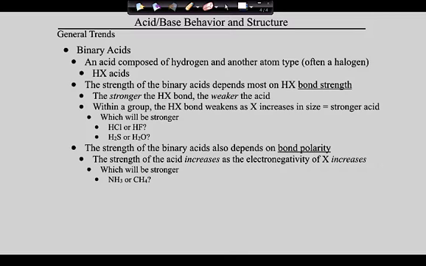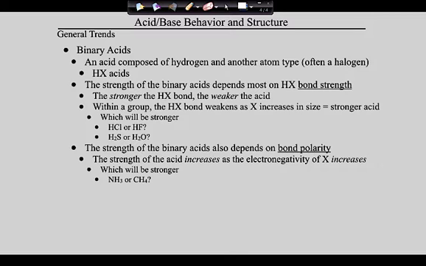NH3 is not usually a base. Right, but if we're doing it comparatively, CH4 is neither, right? When you look at NH3, you say NH3 is a base. But the reason you think of it as a base is because it's basic in comparison to water.